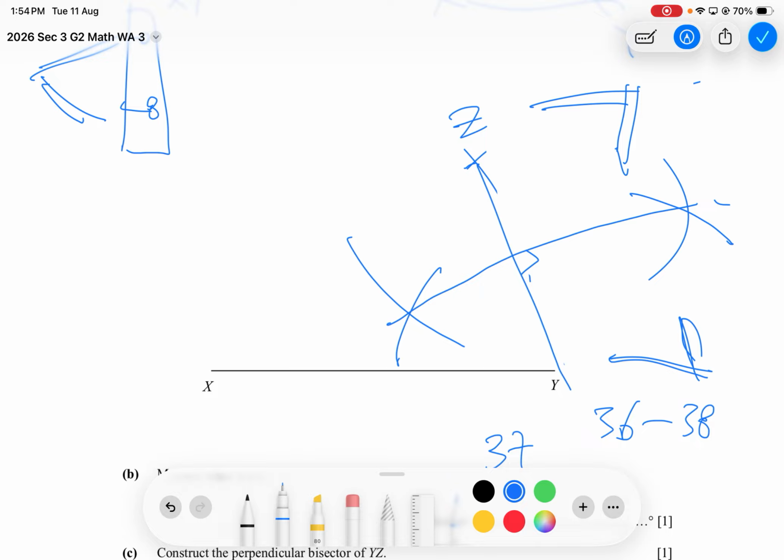I thought question C was like. Here. VIP seat for you.